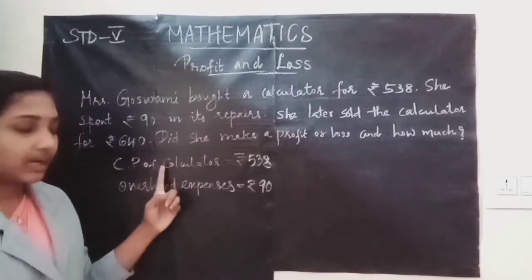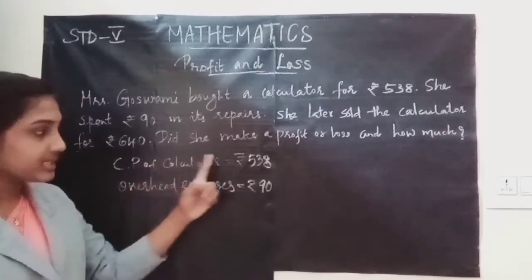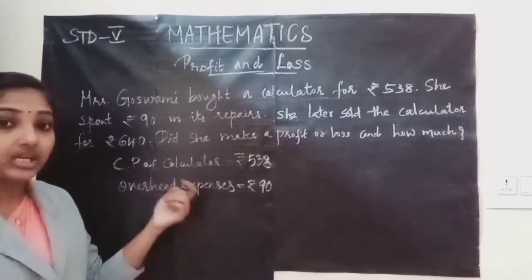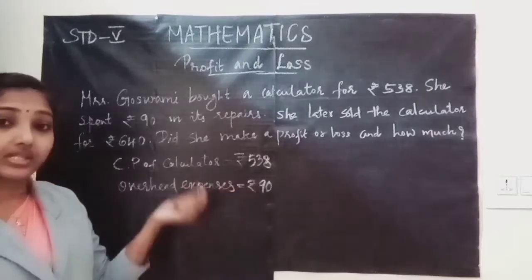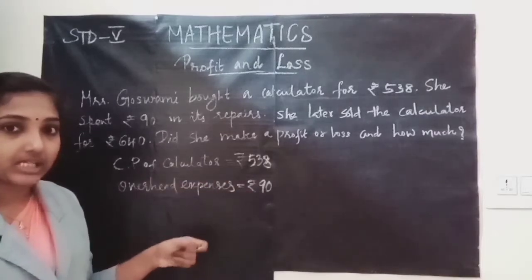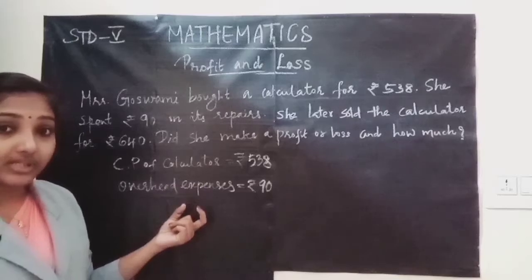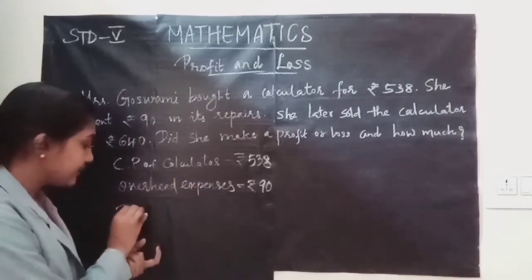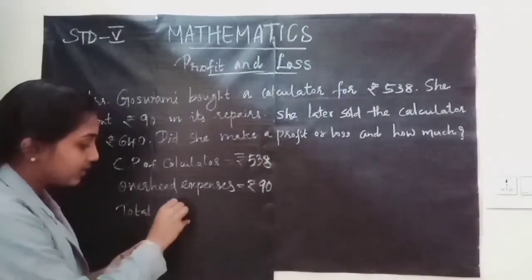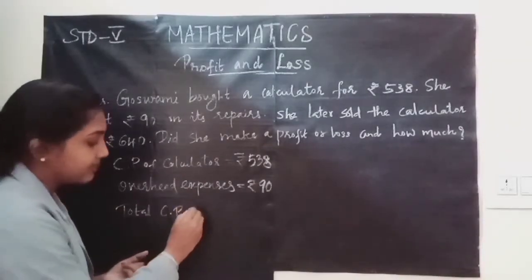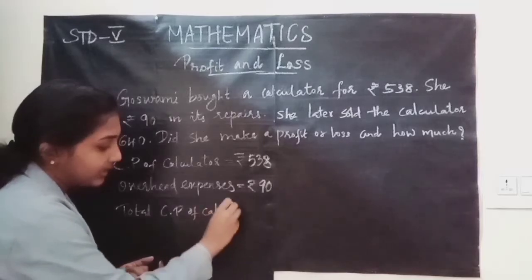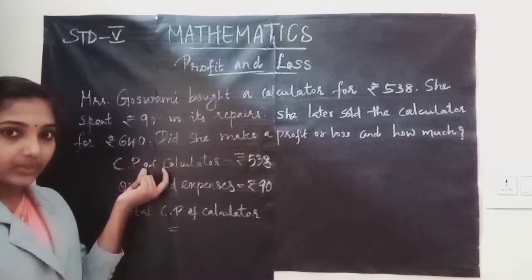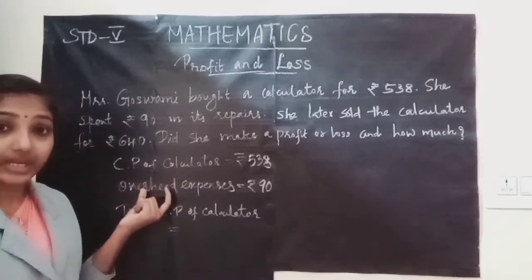To buy the calculator, the cost price is rupees 538, and after buying it, she spent rupees 90 on the same calculator. So the cost price of this calculator changes. The total cost price of the calculator is the CP of the calculator plus overhead expenses.